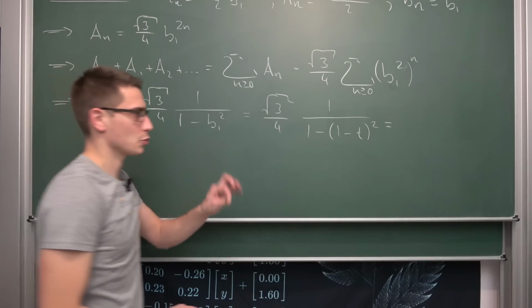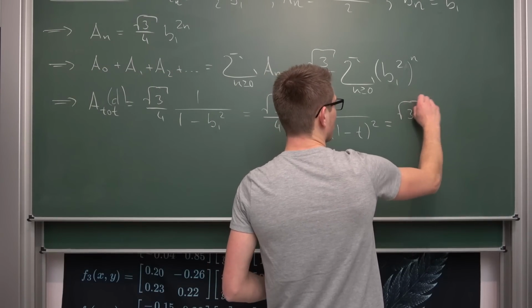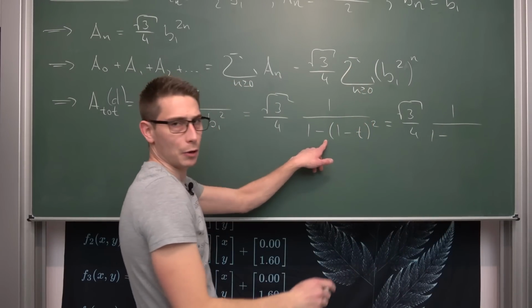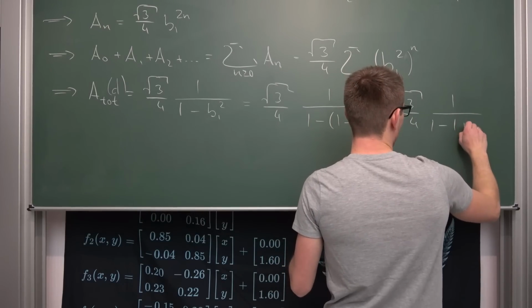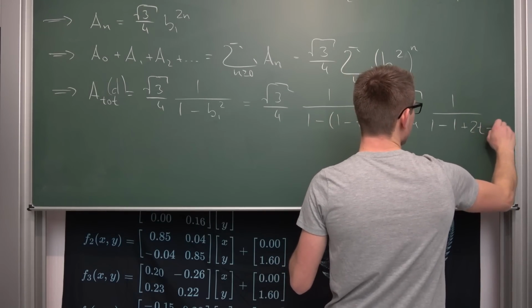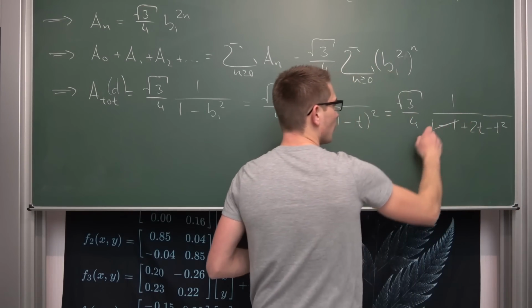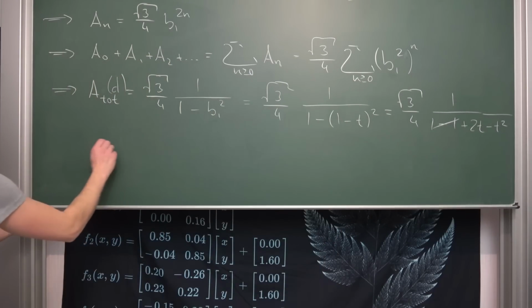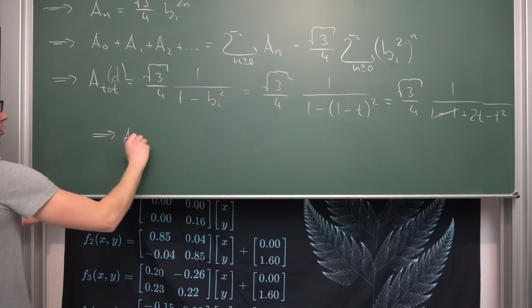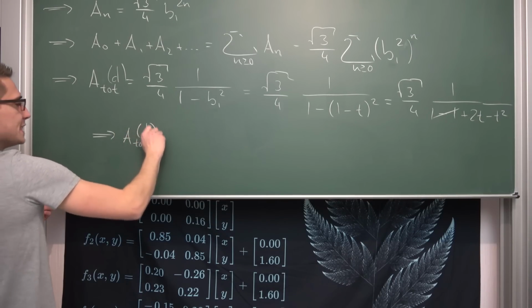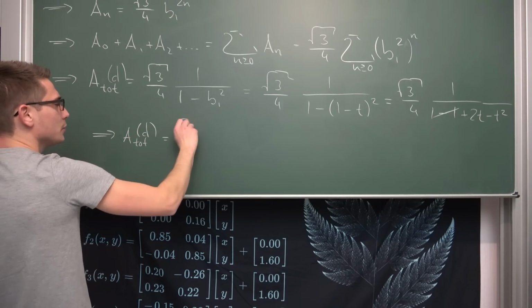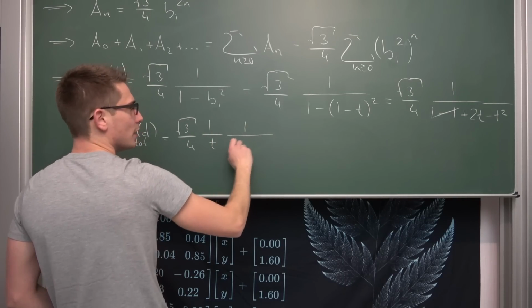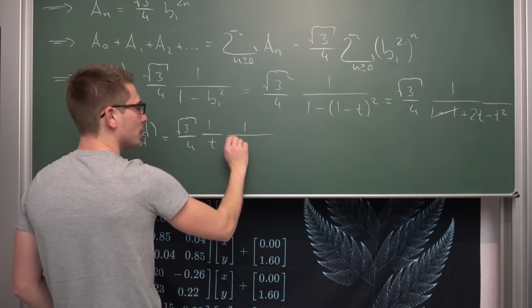Binomial theorem gives 1 plus 2t minus t squared. 1 and negative 1 cancel out. We have a common factor of t right here, leaving us overall with a total of d being square root of 3 over 4 times 1 over t times 1 divided by 2 minus t.